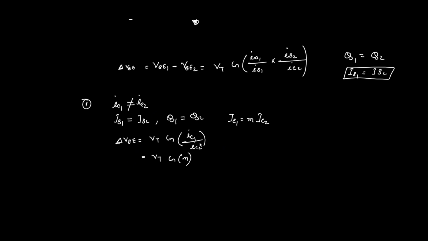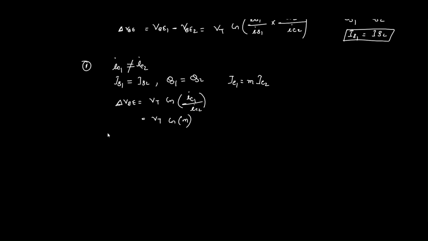Okay, also in another case, let's say in case 2, IC2 is equal to IC1, and IS1 is not equal to IS2. That means Q1 is not equal to Q2.